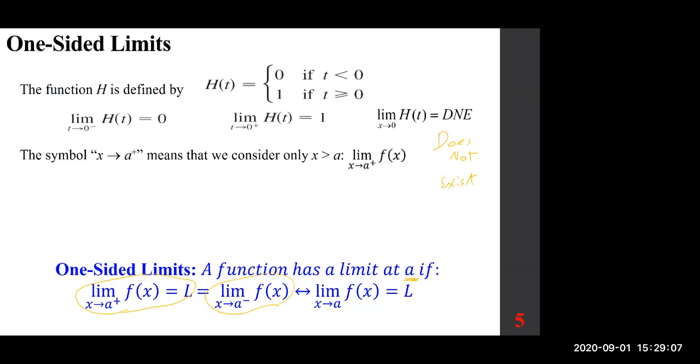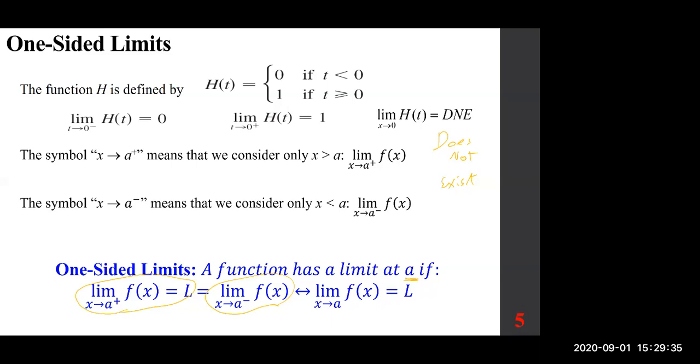So symbolically, x approaches a from the right means that we consider only x which is larger than a, okay, everyone? And of course, x approaches a from the left means that we consider x less than a. So I just wanted to sort of define, if you will, the concept of a one-sided limit.